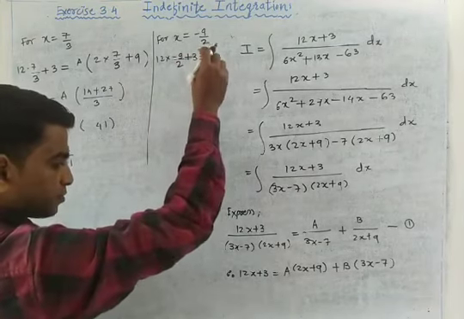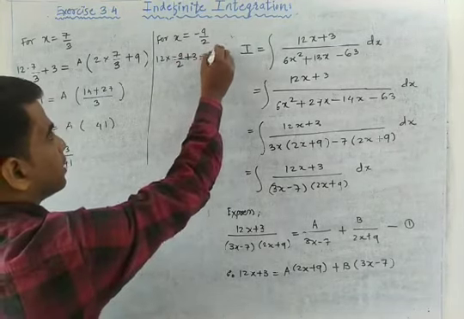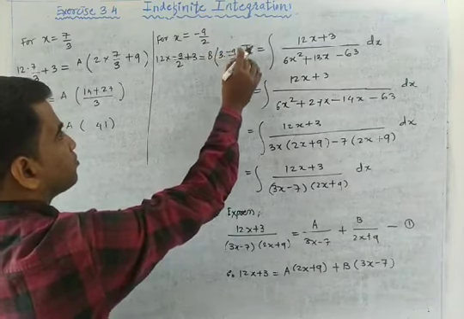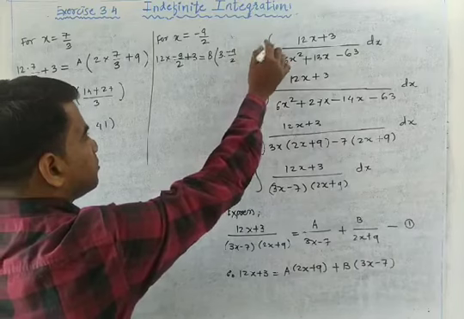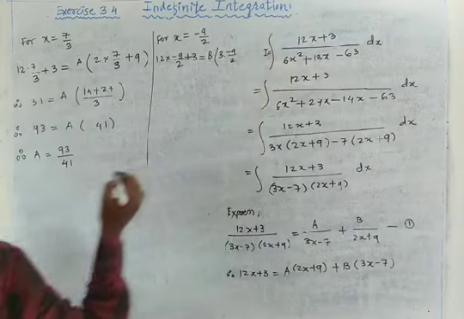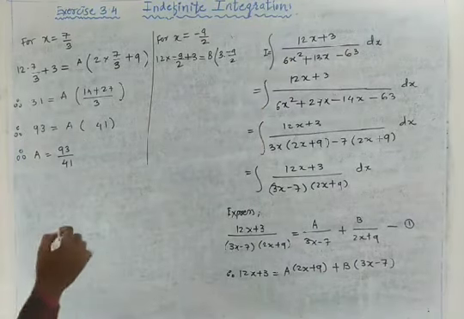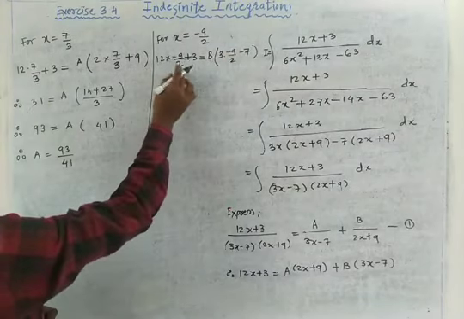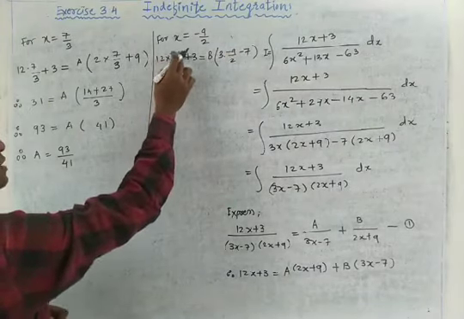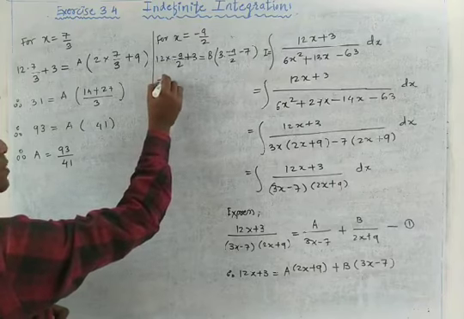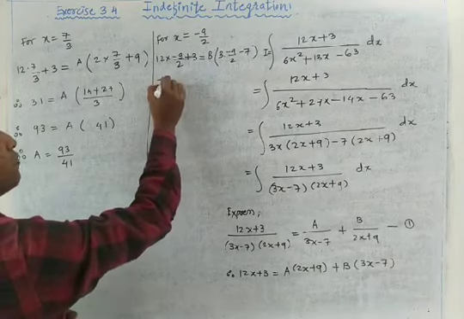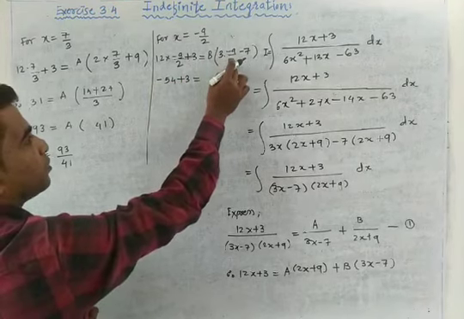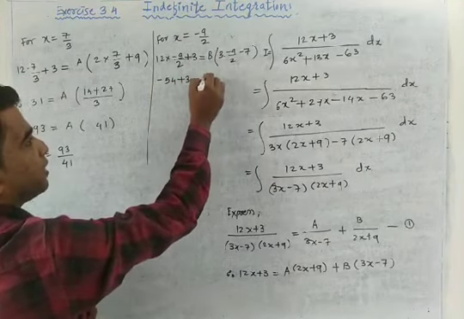So B will get 3 × (−9/2) − 7. Now simplify it properly. 2 cancels with 12, 6, and 6 nines are −54, plus 3, is equal to B(3 × (−9) − 27).